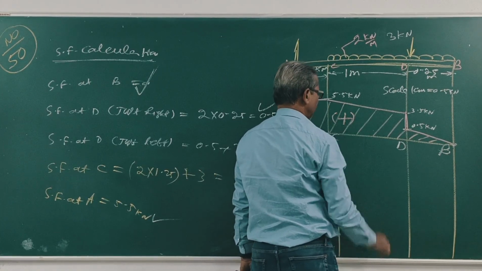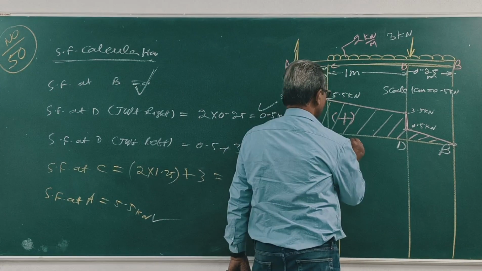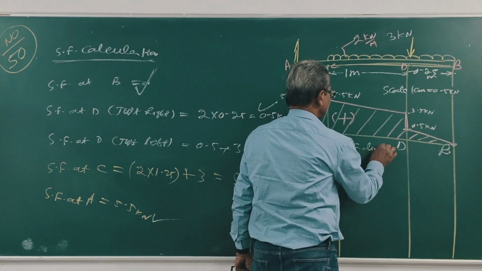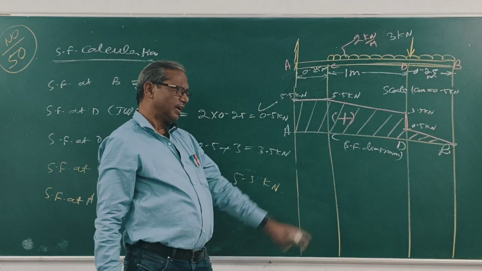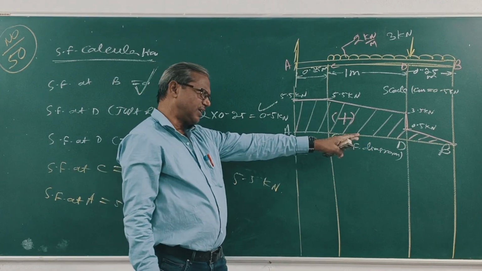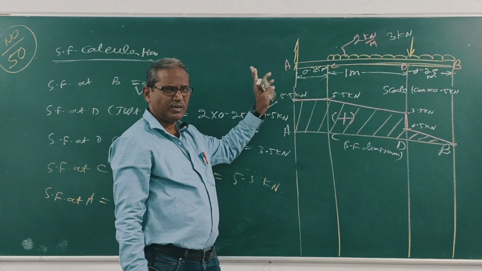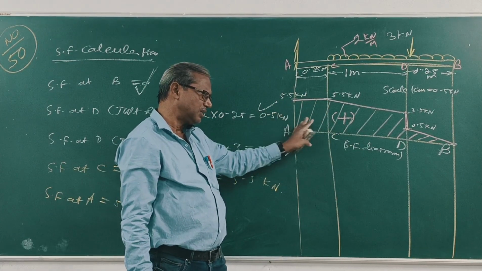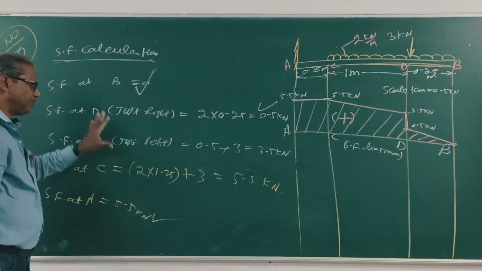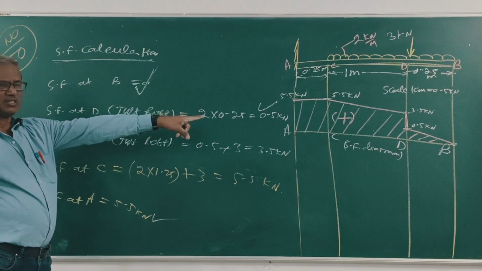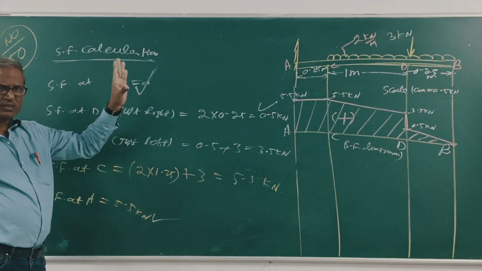All are positive. This is the SF diagram, the shear force diagram. At B it is 0, D just right 0.5, just left 3.5, C 5.5, A 5.5. Then join all the points to get this figure. Next, BM calculation. This is the shear force diagram. We will now calculate the bending moment, then draw the bending moment diagram.